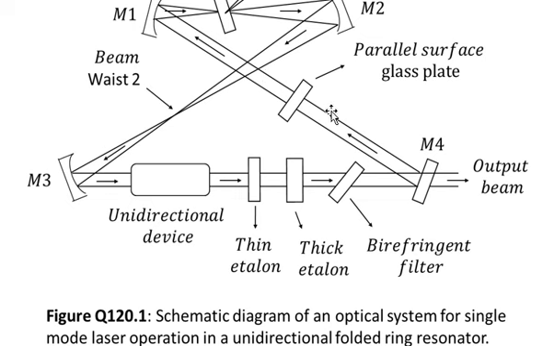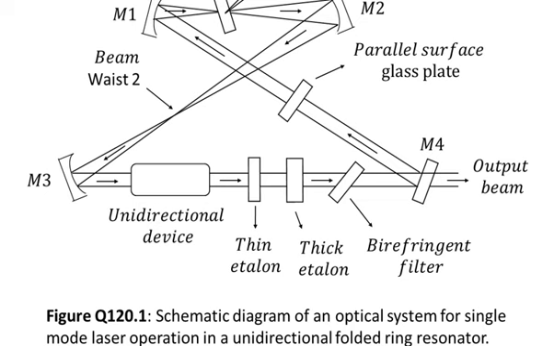So the beam which is collimated from M4 is incident on M1, and M1 again focuses the beam, forming a beam waist at the location of the dye cell, and then this one pass is completed.